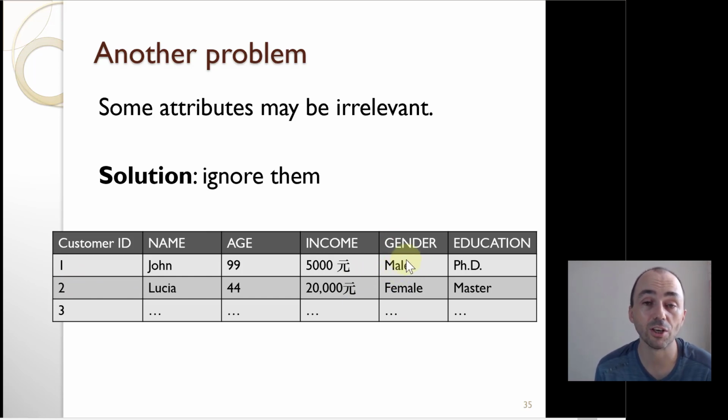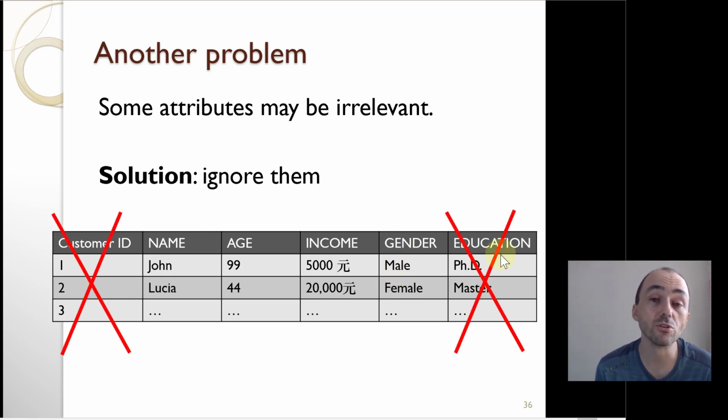It depends, okay. So, or the education. So here, for example, I remove the customer ID and I will remove the education because I think they are not relevant. So this is something important to do, okay, also. Think about which attributes are important or not important in your data.